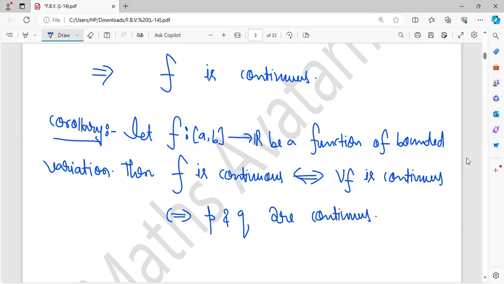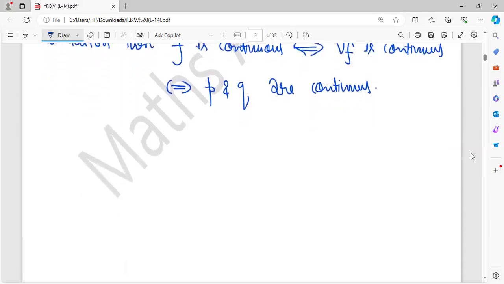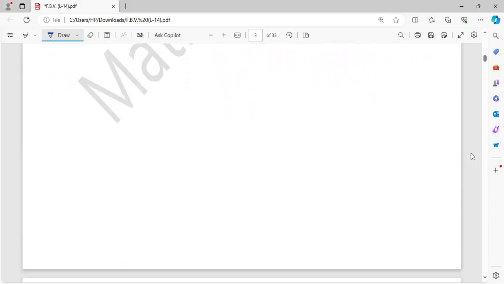So F is continuous if and only if BF is continuous, already done. And we have done that F is continuous if and only if P and Q are continuous. So all three statements are equivalent. Now, using this fact, we will do some questions.